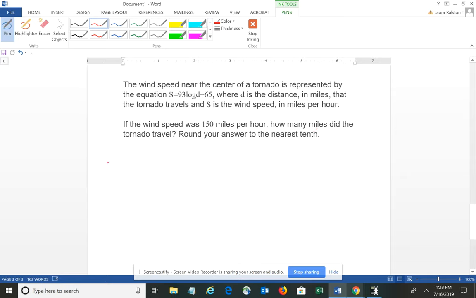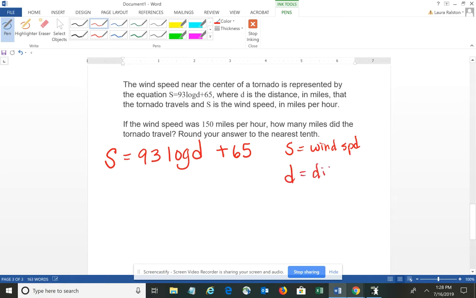So again, in this problem, they've given you the formula S equals 93 log of D plus 65. They tell us that S is our wind speed and that D is the distance that the tornado travels in miles. Okay, so then it tells us that our wind speed is 150.